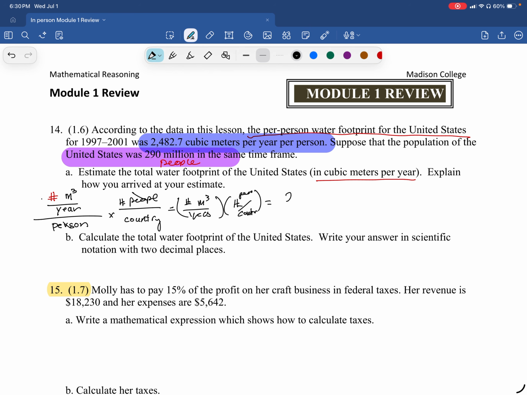So we have 2482.7 meters cubed per year per person, times 290 times 10 to the 6, because it's millions, people per USA.